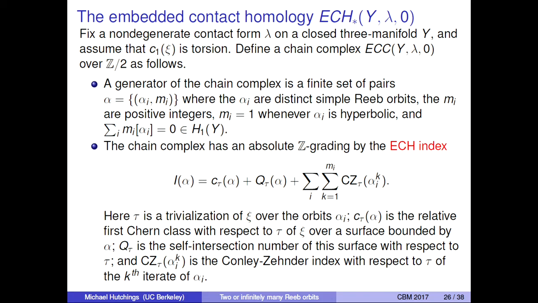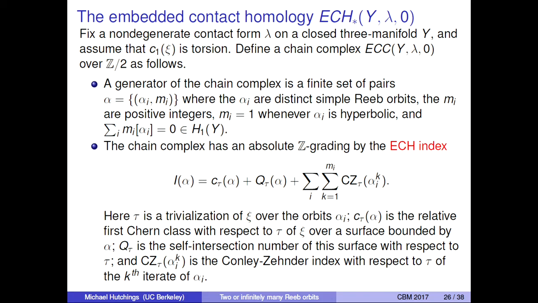You have a finite set of simple Reeb orbits with some positive integer multiplicities. And we assume that the total homology class in H1 of Y of this set of Reeb orbits is 0. That's what this 0 is. You can also look at cases where this total homology class is something else, but I don't want to do that today.